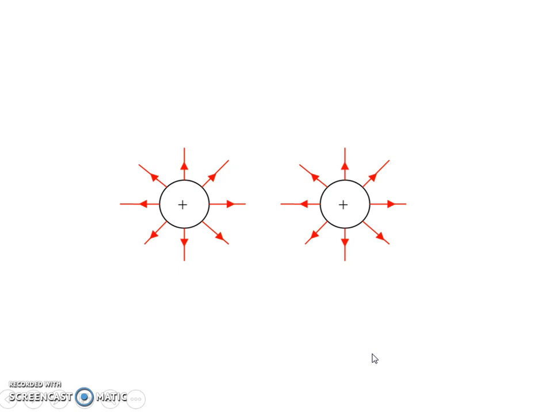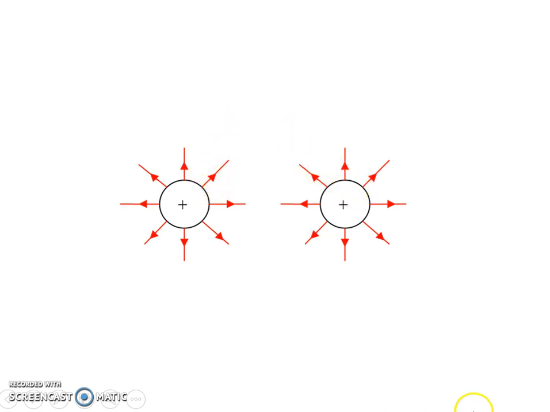What about if they are both like charges? Can you guess now? As this one goes out, this also goes out. Do you think they will ever join? You are right, of course it won't join, because this one goes out and this one also goes out. If they joined, the arrows would clash, right? In fact, the opposite will happen: they will move away from each other.